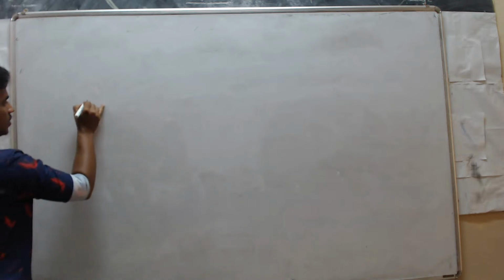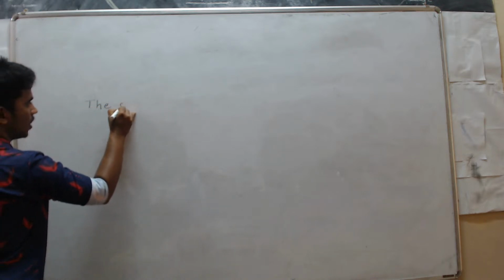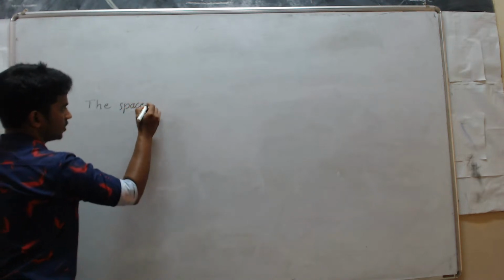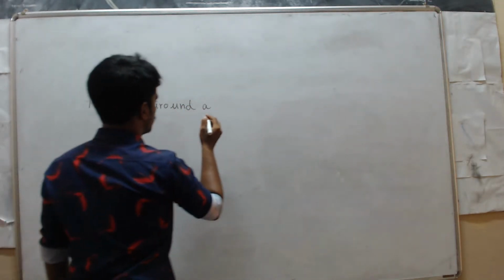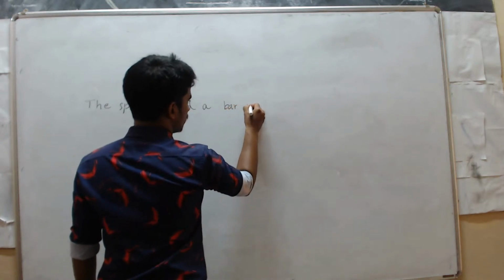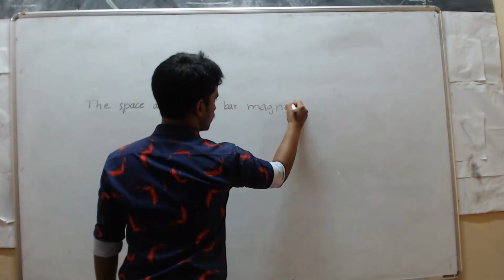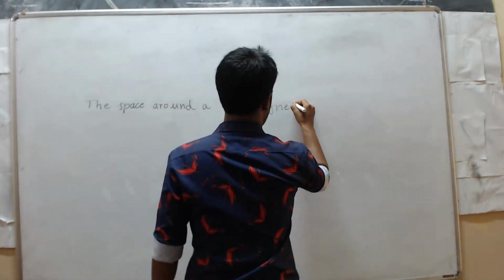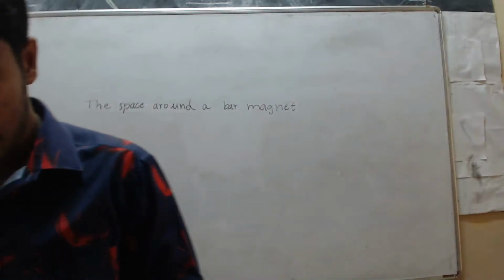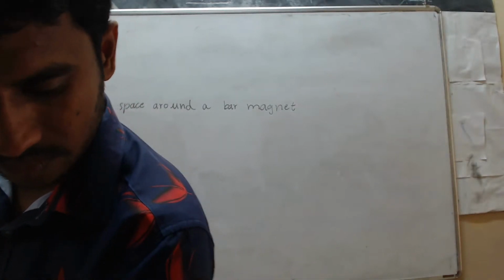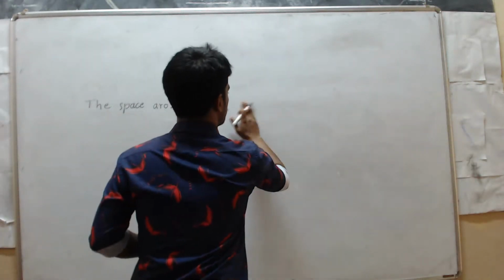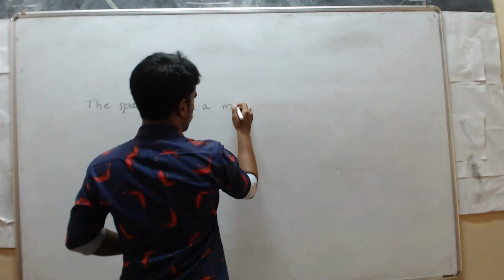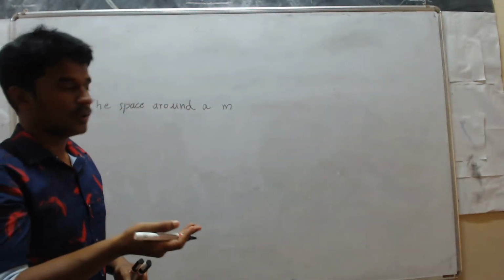The space around a magnet, sorry, not only a bar magnet, all types of magnets, needle or horse magnet.